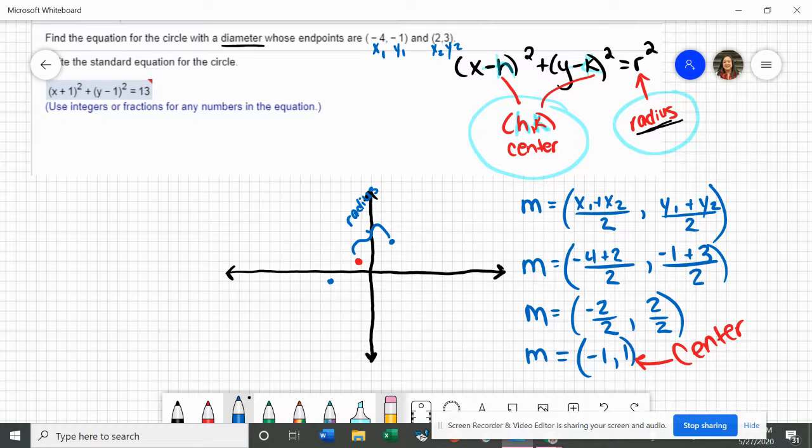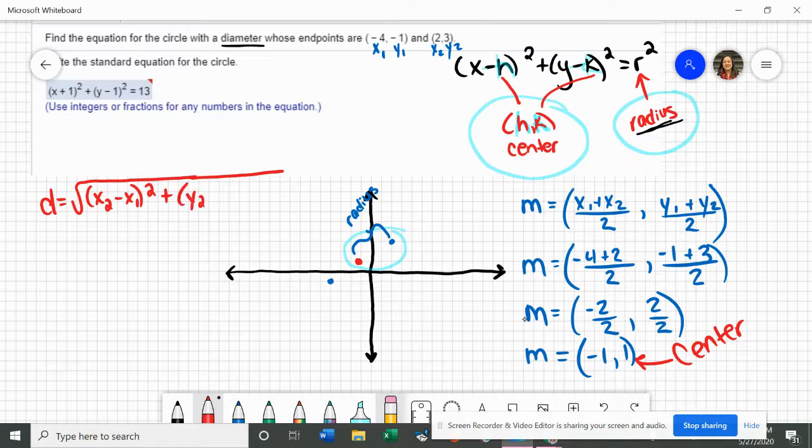So I need to find the distance between these 2 points right there. And let's do that over here in red. The way you find your distance is by taking the square root of your x sub 2 minus x sub 1 all squared, and then you add that to your y sub 2 minus y sub 1 all squared.